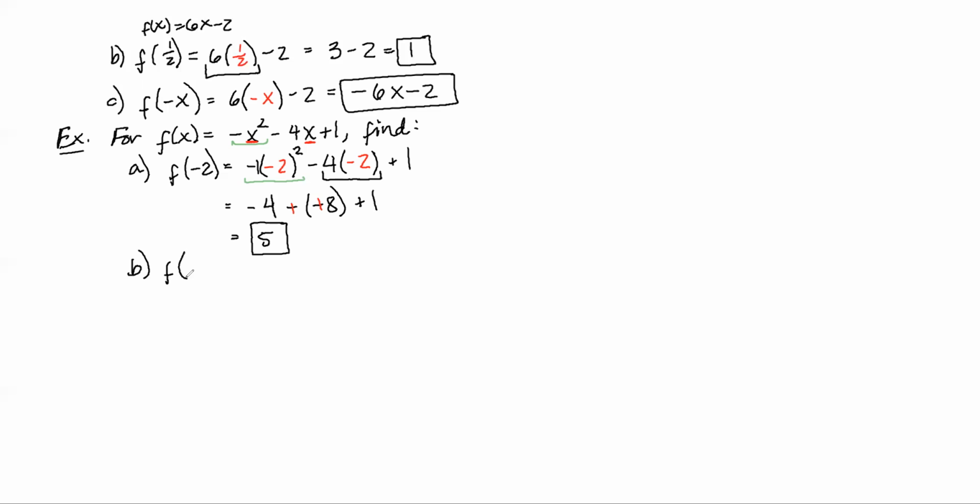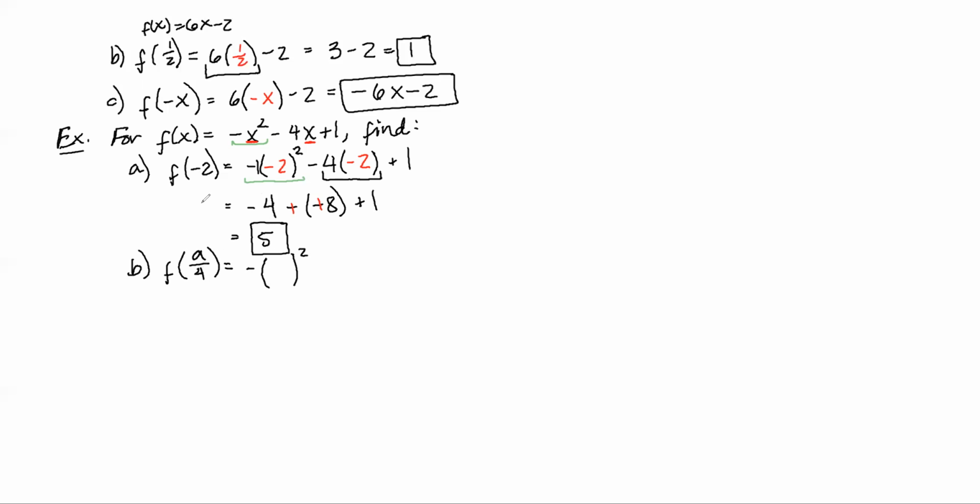Let's try one more here. And this one's going to be one that we'll just simplify because this is f of a over 4. So again, we're going to replace these x's with a over 4. So I'll keep the negative in the front. Now we have an x squared, so I'm going to put parentheses squared.